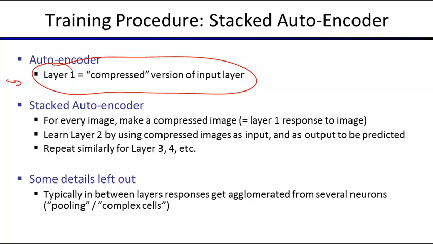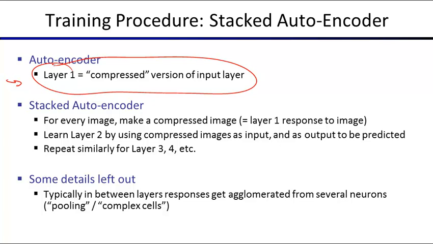The compressed version of the image is now going into my autoencoder, which learns to compress the compressed image and find something yet more abstract in its middle layer. And you keep repeating this. And that way you get a stacked version of compressions. And at the end, you presumably end up with something that is a fairly abstract representation of your original input image, a better set of features than the raw pixels.